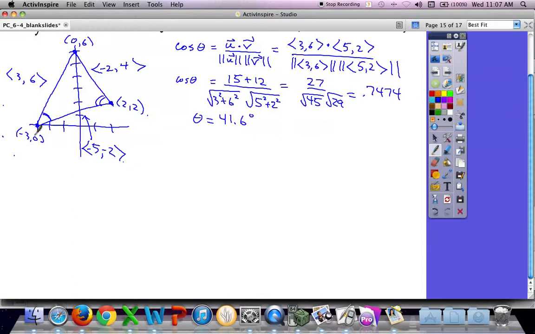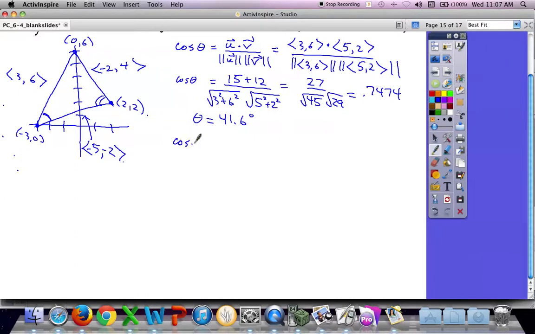If this is a vector, this is the initial point, that's the terminal point. That's the initial point, that's the terminal point. The angle is in between the vectors. So we're going to use the same formula.